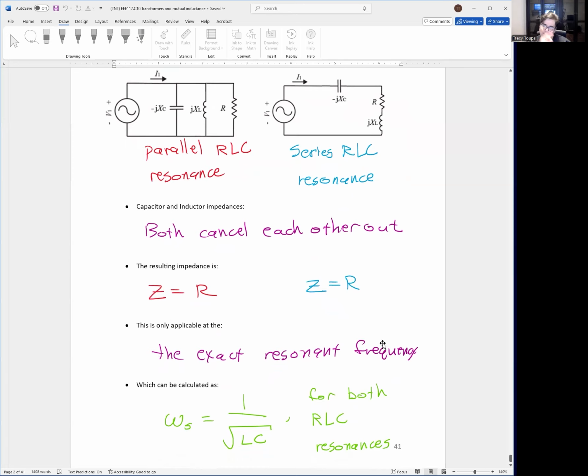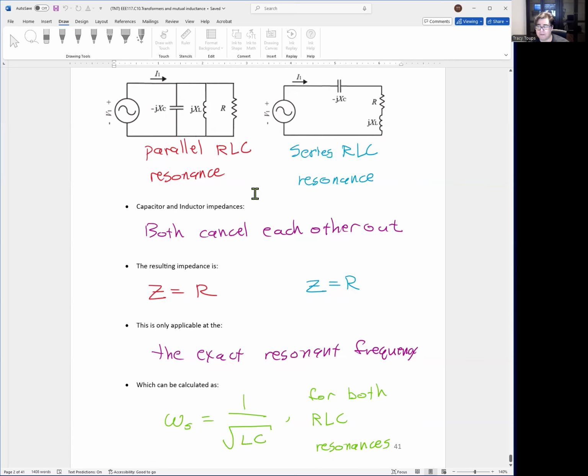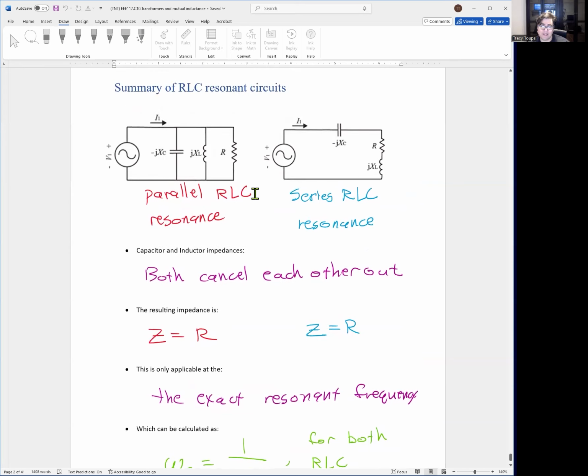Anytime we go away from the resonant frequency, this Z is going to have an inductor or capacitor value added onto it, and the further away we go, the bigger that j component gets. So we want to make sure our circuit is acting exactly at the resonant frequency we designed for. We can calculate this as resonant frequency equals 1 over square root of LC for both circuits. So that's pretty much all I have for these RLC circuits.